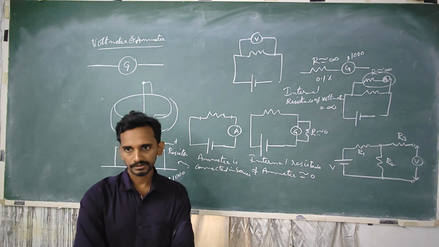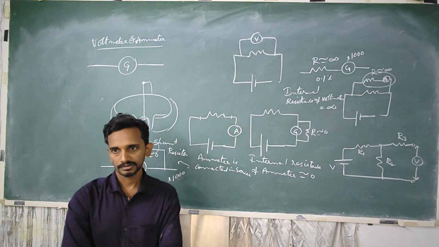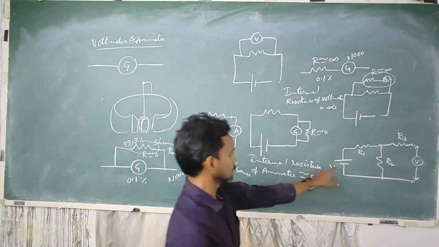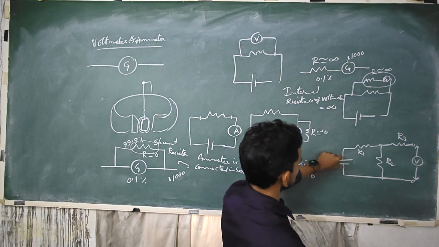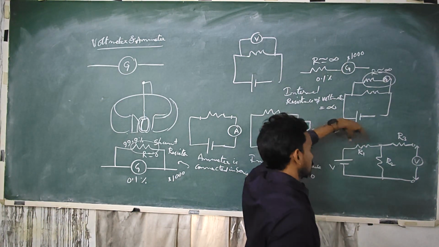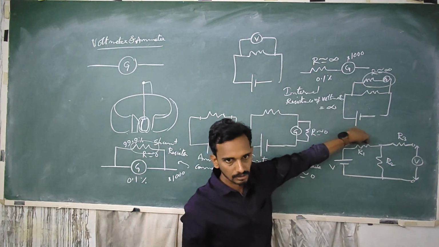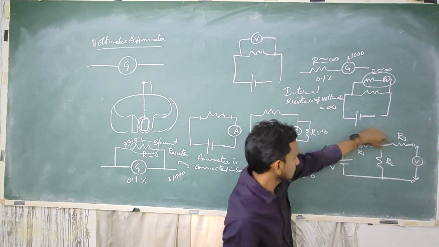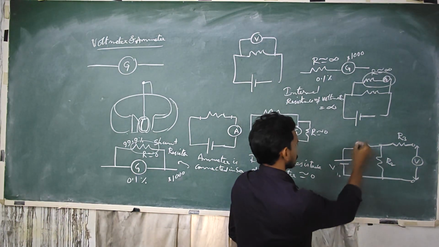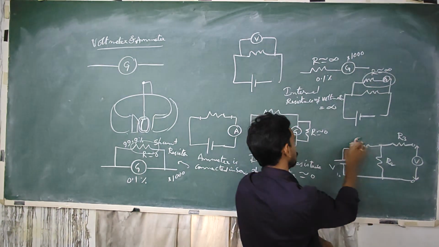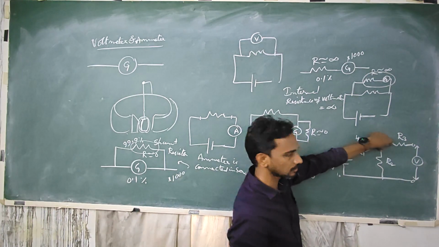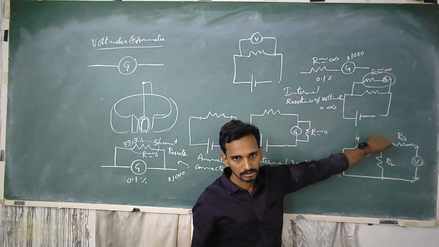There is an R3. So what happens exactly? If you see this voltage, a part of it will be dropped here. Let's say if this is 10, some 3 volts is dropped here, 4 volts is dropped here, and the remaining 6 will be dropped here.